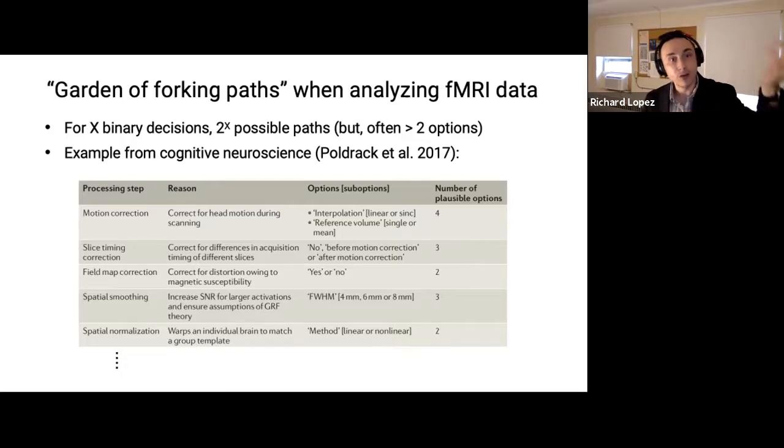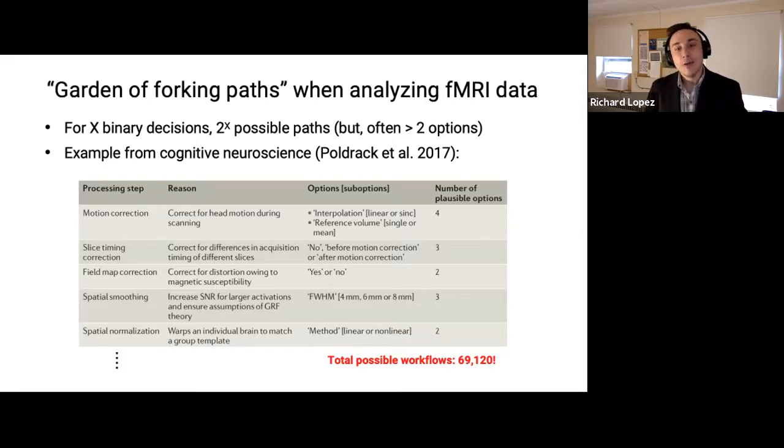So in this case, for motion correction, you might have 4 plausible options, for slice timing correction, 3, and so on. And remarkably, if you do all the combinations of possible ways to analyze the data, the total possible workflows is as high as 70,000, which is just really incredible.